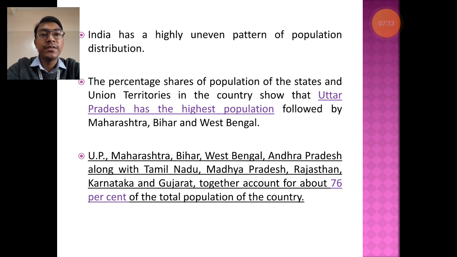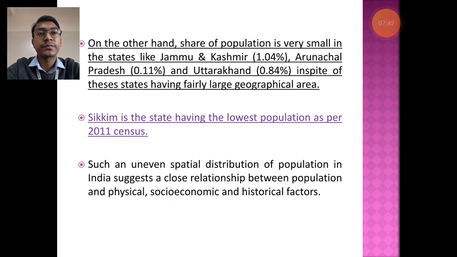That means the rest of the states and union territories hold the remaining 24% of the population.